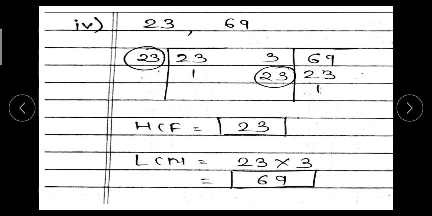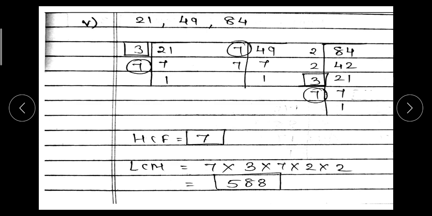Common factor is 23. HCF is 23. What is LCM? Common factor is 23. Uncommon factor is 3. So 23 3s are 69. Okay. So LCM is 69.